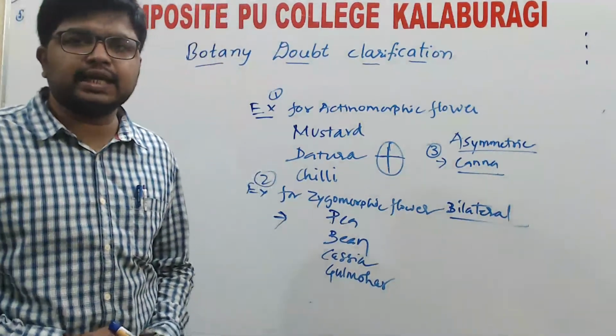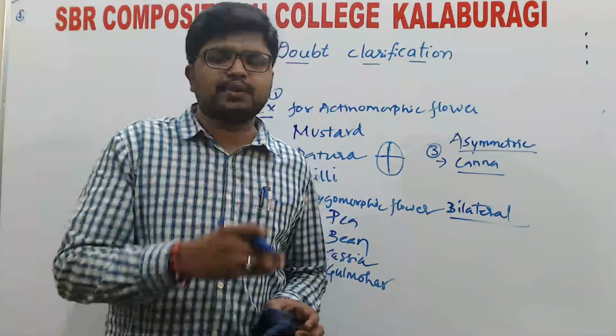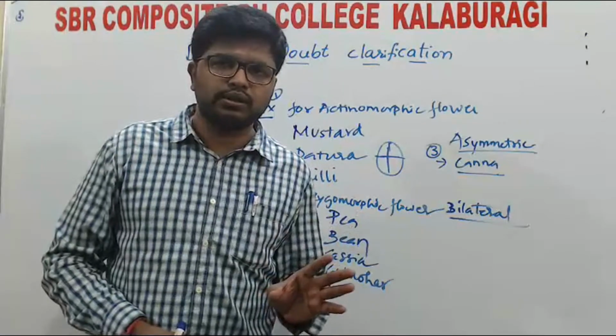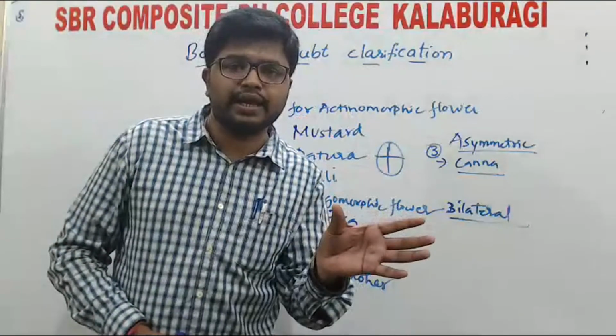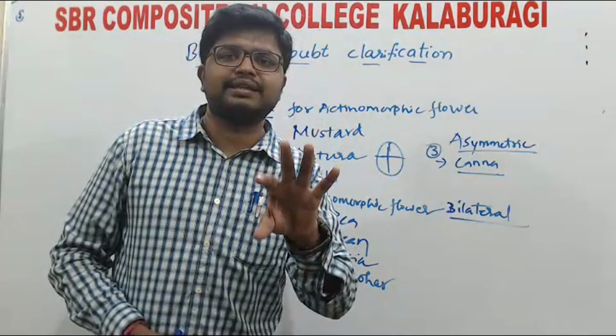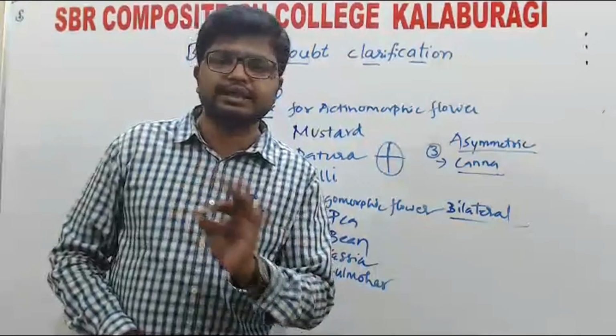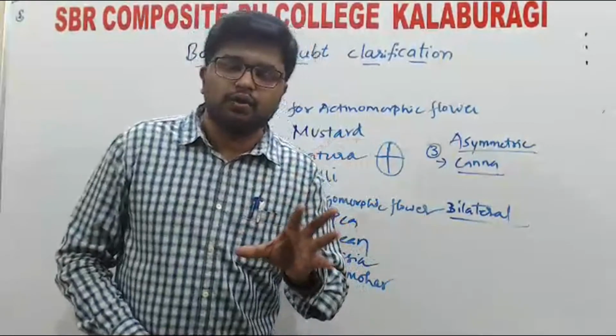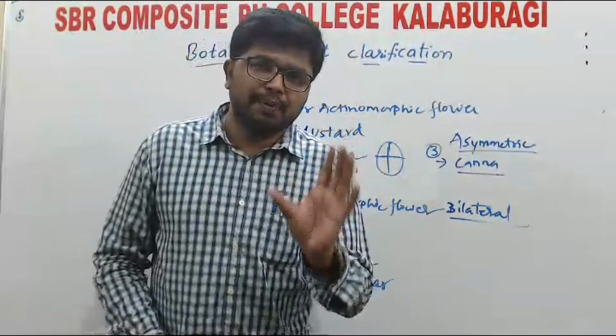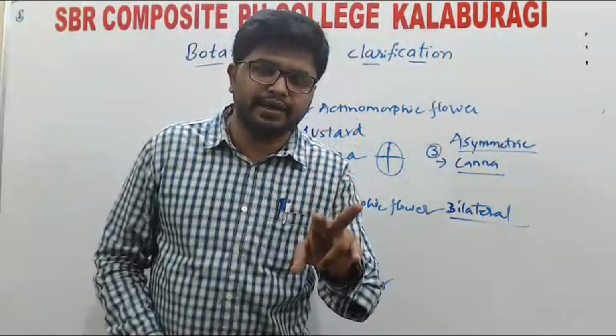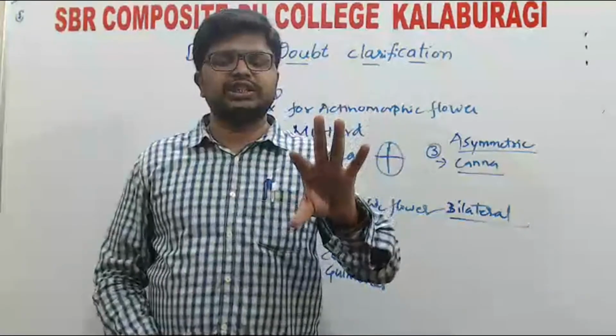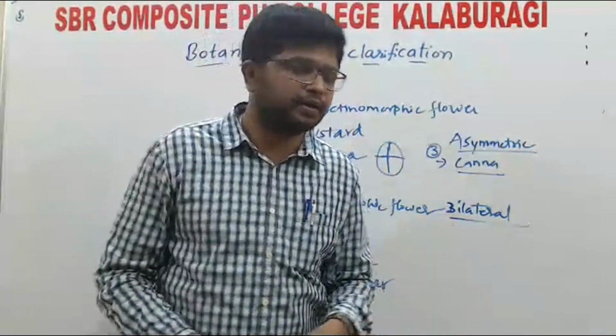Now, one more student has asked a doubt from the last part of the class essential notes. The position of the ovary on the thalamus changes. The relative position of the ovary with respect to the thalamus is never constant. The floral parts such as the calyx, corolla and androecium change with respect to the gynoecium. Remember this.